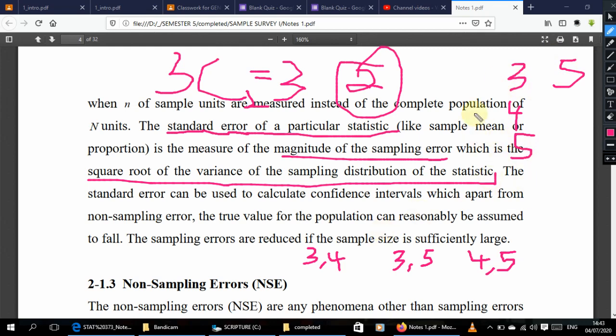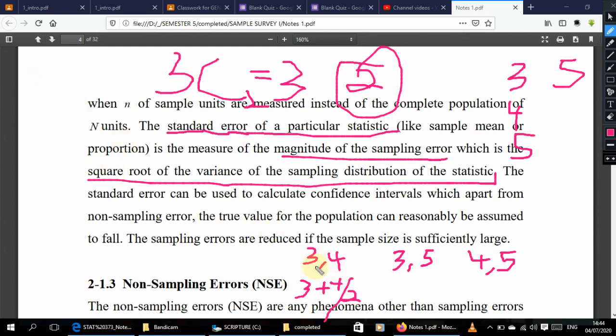I want to find the mean mark of these 3 students, but I pick a sample of 2 instead of all 3. So I'll have 3 plus 4, divided by 2. That value will be my first value.